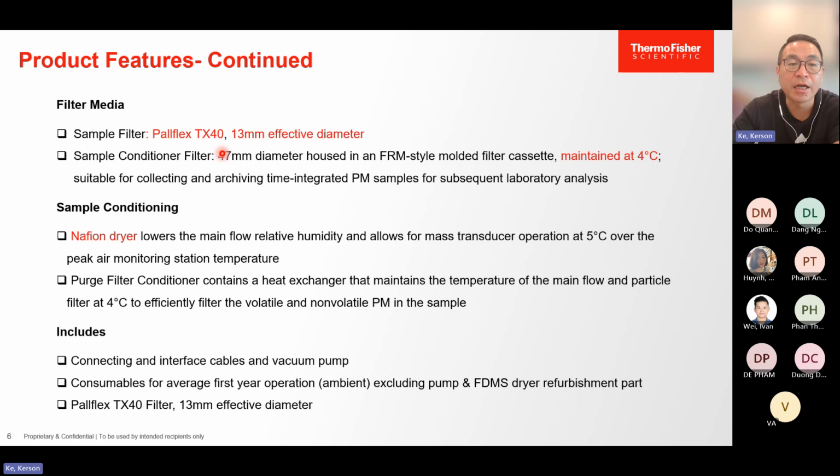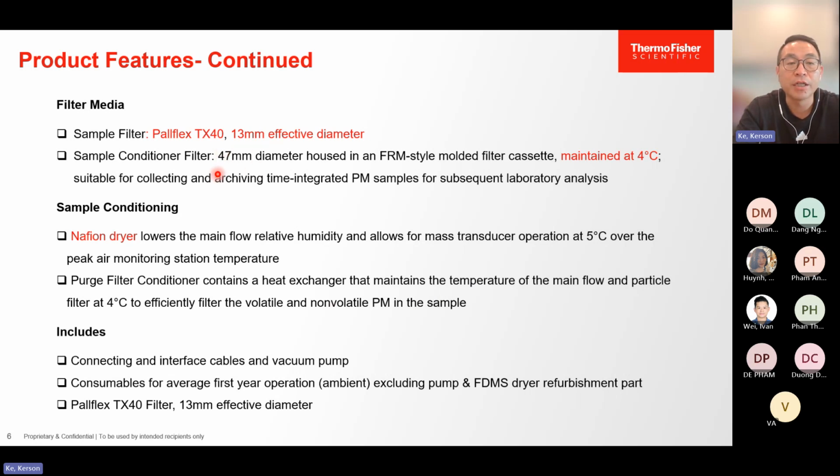And the filter is not the same as the one for beta. You can see the filter tab. For beta, the manual sampling method uses 47 millimeter. And for TEOM, it's the smaller filter, 16 millimeter. Okay.